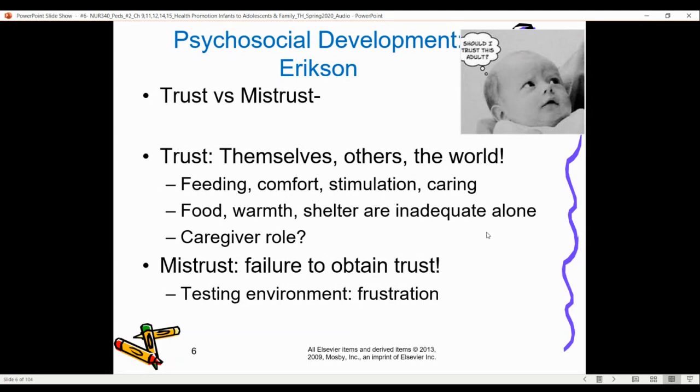One of the things that we can see that kids will develop mistrust is if they never experience frustration. So we have babies that maybe are never put down. They're changed before they need to be changed. They always have a bottle in their mouth, so they're never able to experience what it's like to be alone and have somebody pick them up after they've been crying, or they're hungry and somebody comes in and feeds them.